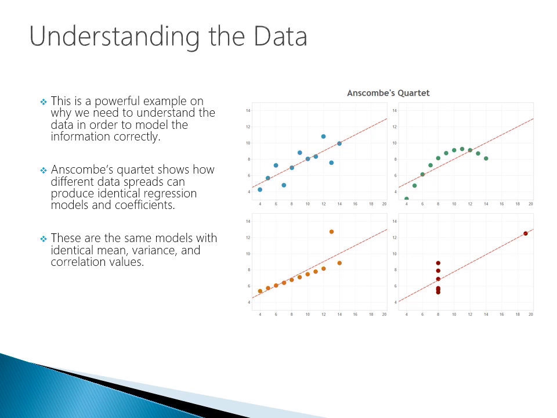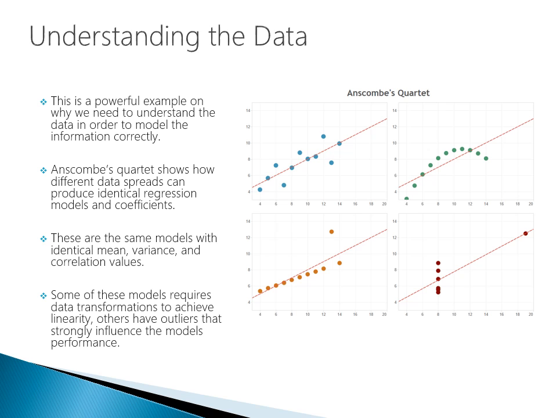You also need to rely on visual cues to make assessments of whether or not what you're doing matches the data that we're looking at. Some of these models will require transformations in order to achieve linearity. Others have outliers that influence the performance, and we can address those in our data munging tasks.